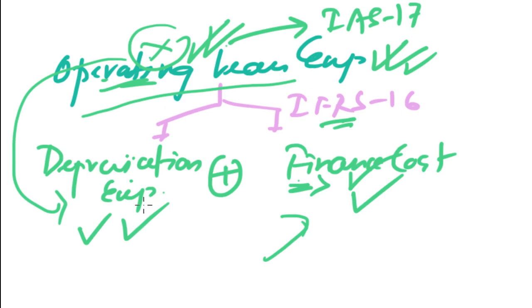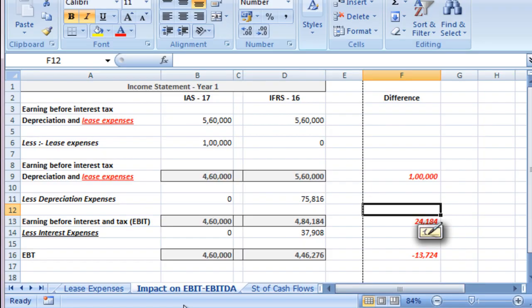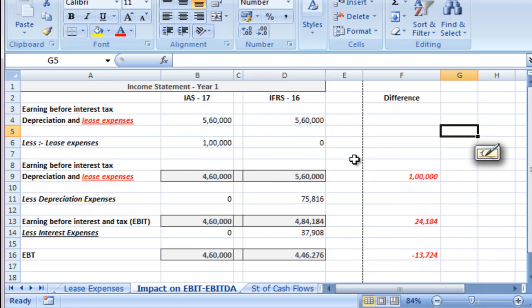So as I told you, the lease expense will always be greater than the depreciation expense, because depreciation expense is a subset of lease expense under the IFRS 16 concept. So depreciation will always be lower as compared to lease expenses, provided I'm assuming a straight line method of depreciation to avoid any kind of complexity.